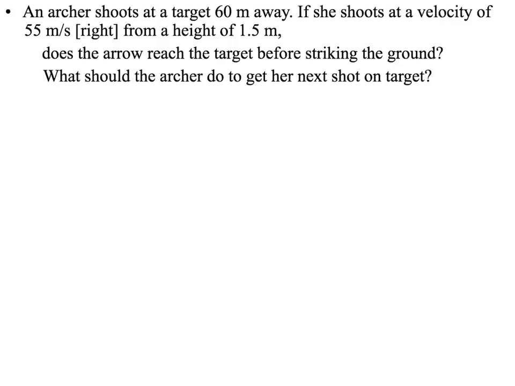So again, let's draw. We have our bow and arrow here. Okay. We know the target is 60 meters away. We have a Vx, 55 meters per second.